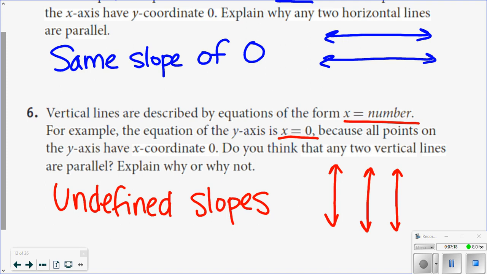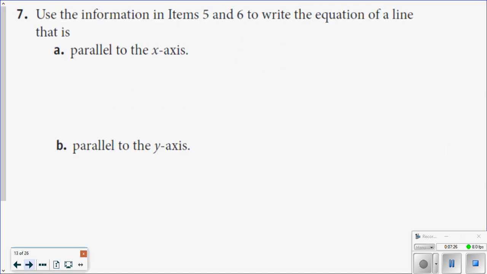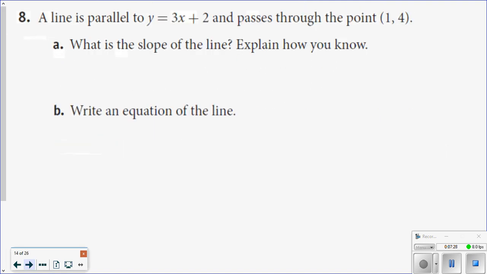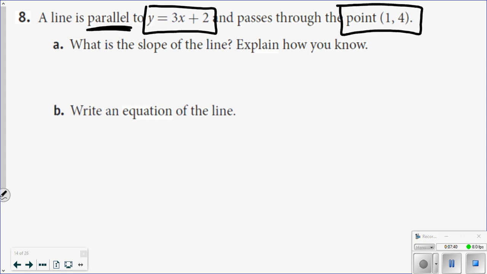And we're going to skip question 7, which kind of goes along with 5 and 6. But let's jump to question 8. A line is parallel to y equals 3x plus 2, and it passes through this point 1, 4. What is the slope?